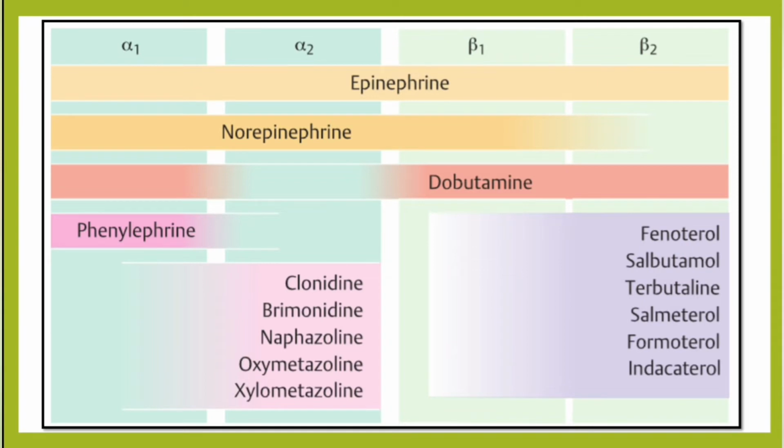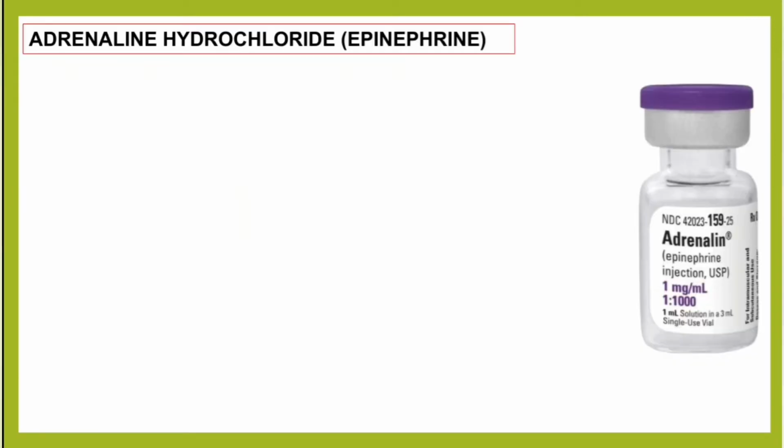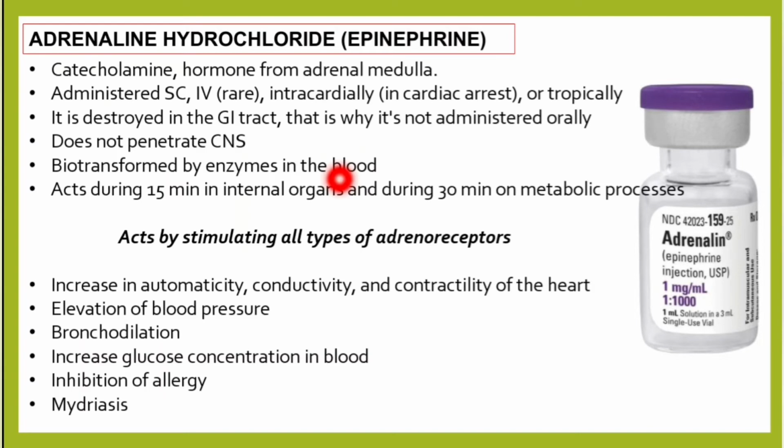Okay, so let's talk about these one by one, starting with adrenaline, that's epinephrine. This is a catecholamine. It's a hormone from the adrenal medulla. It is administered subcutaneously, in rare cases via IV, intracardially in cardiac arrest, or topically. This drug is destroyed in the GI tract.